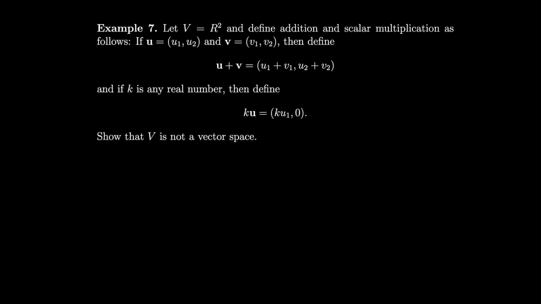So to show this thing's not a vector space, we just need to show that at least one of the axioms fails. Let's look at the first 5. Notice those are all just pertaining to addition, which is just the usual addition, so all of those must still be true. So they hold because we have the usual addition.